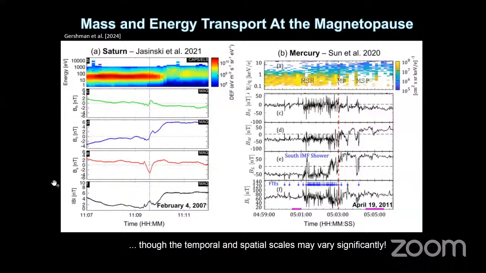And at Mercury, this is work from Wei Ji Sun, these things occur in flux transfer event showers, and so you just see so many of them, so rapid and so large amplitude. But it's still a flux transfer event at the magnetopause, and they impact the flux budgets at the different planets very differently, but it's still reconnection that's happening to give you these things in roughly the same type of regions.